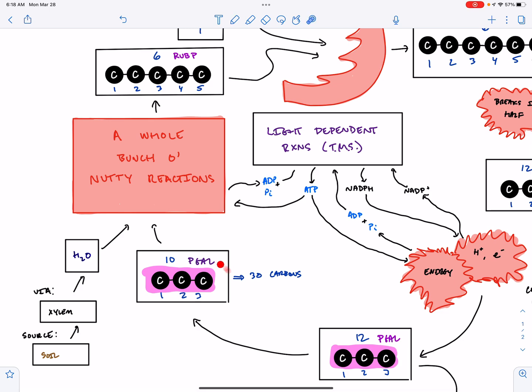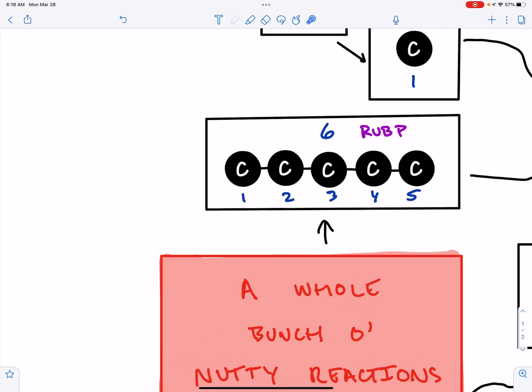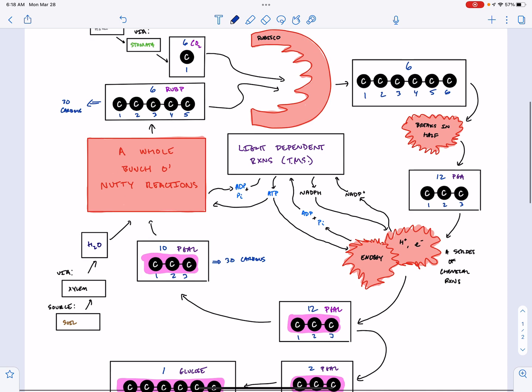If we take these 30 carbons and rearrange them in a whole bunch of reactions powered by a little bit of ATP, we get 6 5-carbon compounds. 6 5-carbon compounds is equal to 30 carbons total. So we haven't gained or lost any carbons running around from PGAL to RuBP.